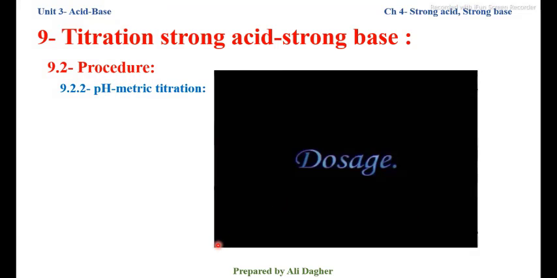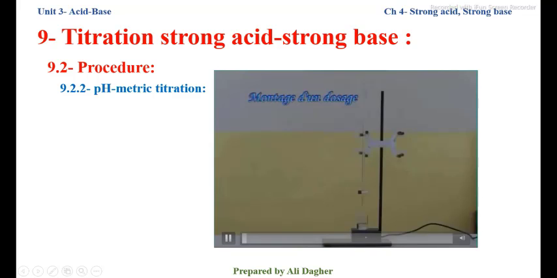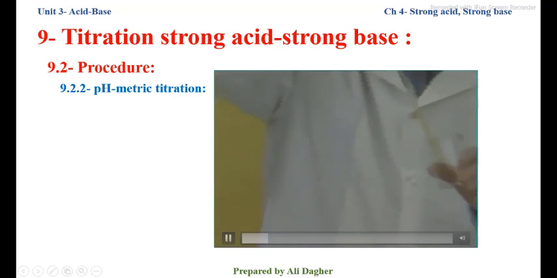This video shows the pH metric titration. This is the setup of titration: inverse support, graduated burette, beaker containing the solution with distilled water, and the magnetic stirrer.